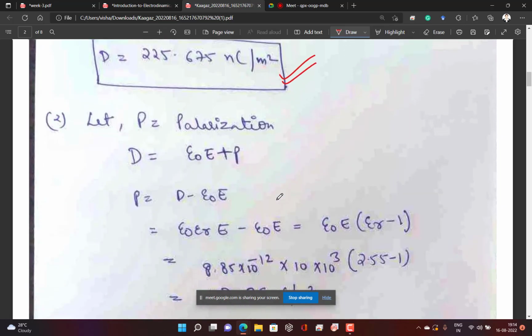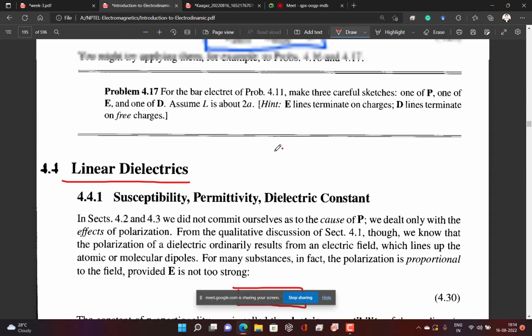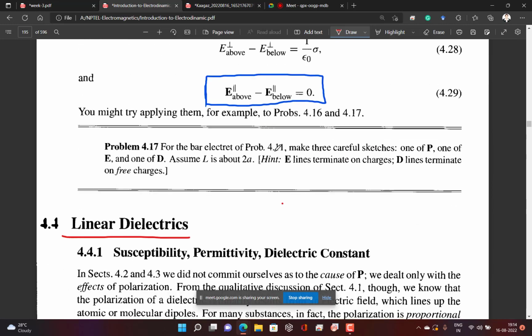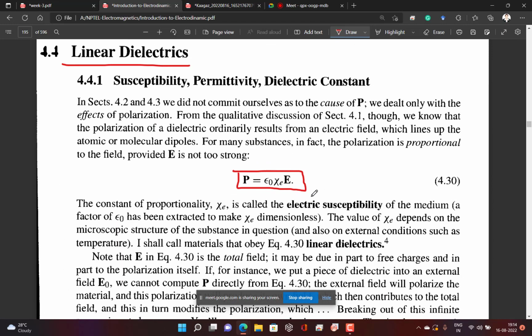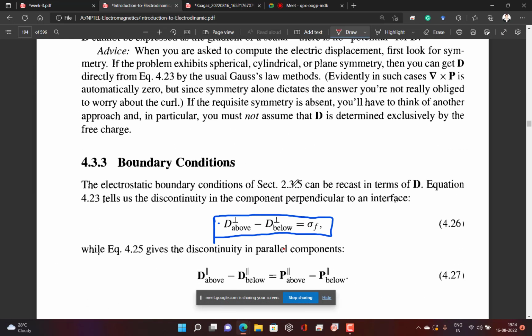To solve this question, since the electric susceptibility chi e is not given to us, there is another formula that we can use.